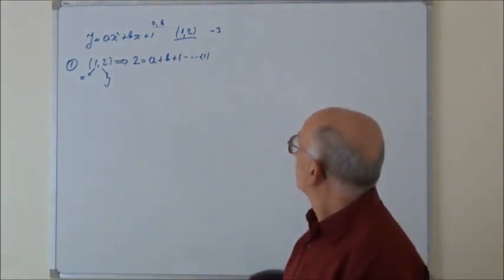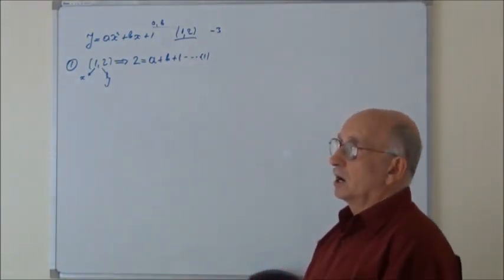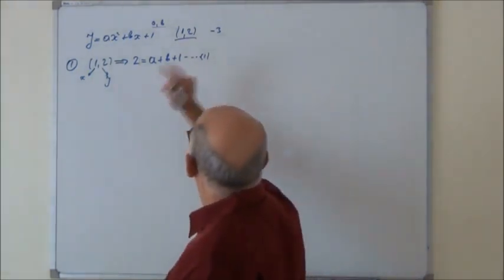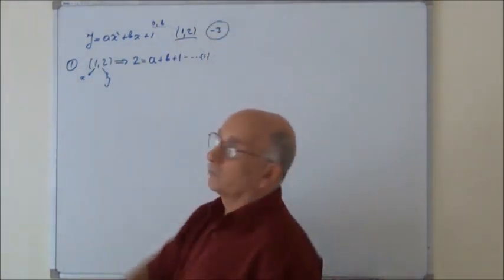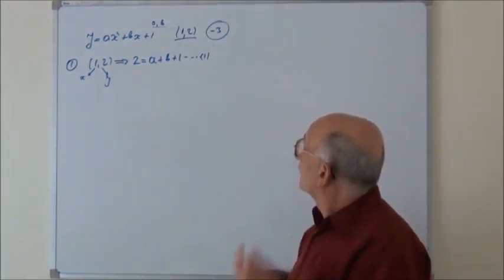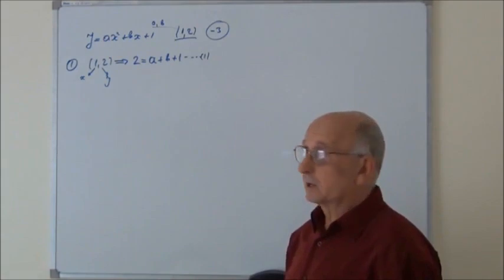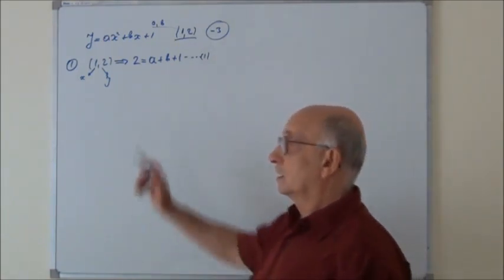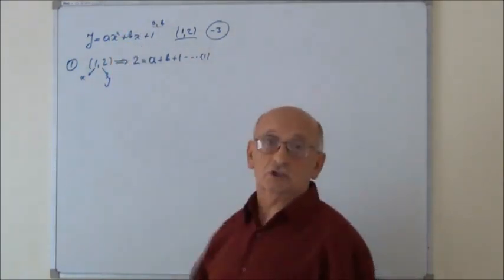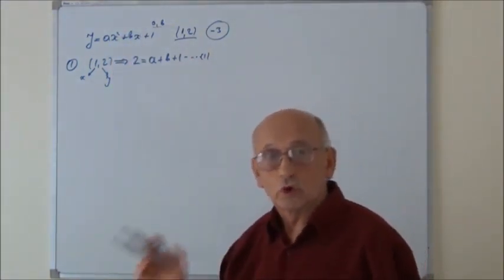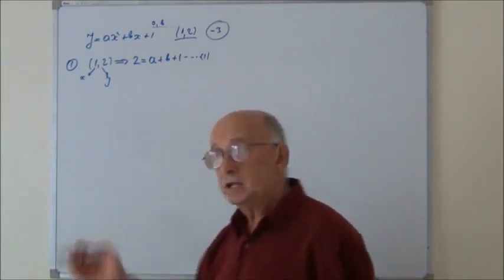Of course, we need one more equation, but we still didn't use the fact that this parabola at that point has a gradient of minus 3. Now we will use that information to set another equation. What we have to know here is that the derivative of a function is actually a rule to calculate the gradient at any point.